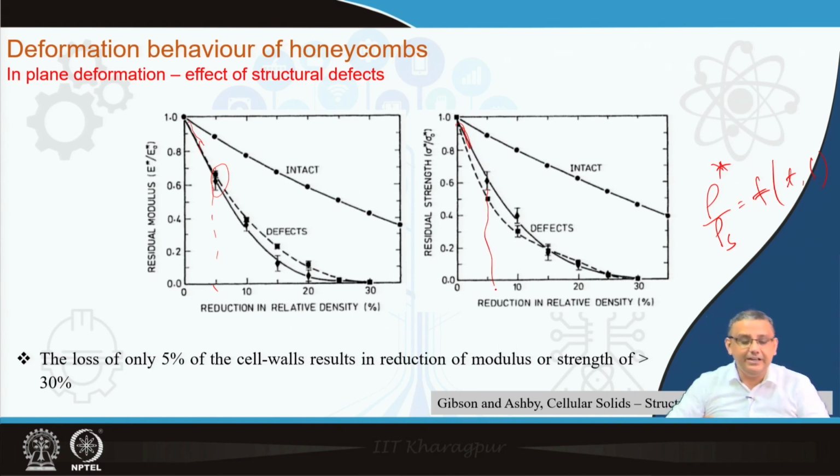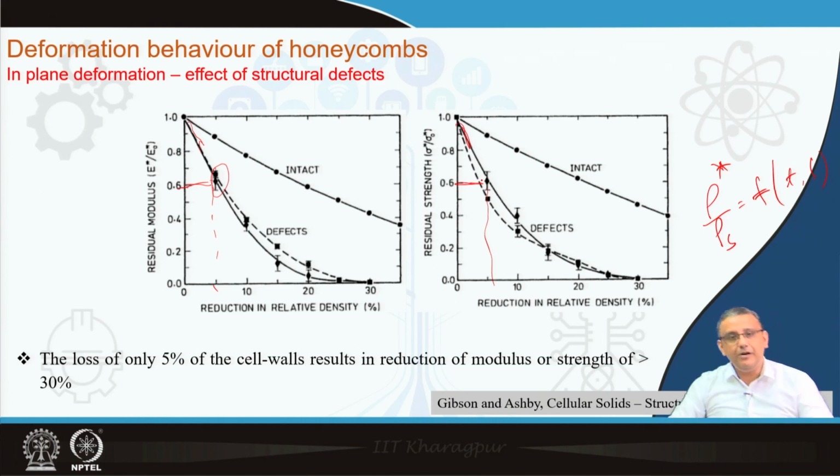As you can see, only 5% of missing cell walls already cause a property drop on the y axis of around 30 to 40%. So you can see the defects are so insidious. The presence of defects has a very bad effect on the properties, and only 5% defects reduce the properties significantly.